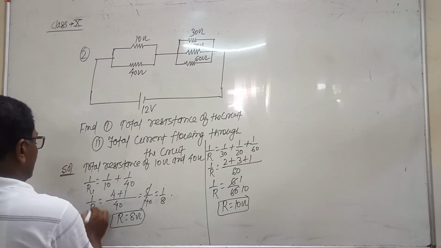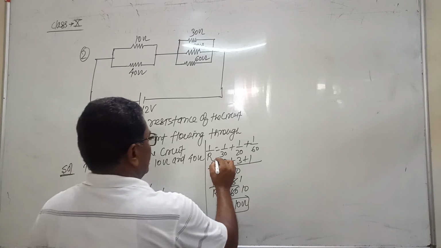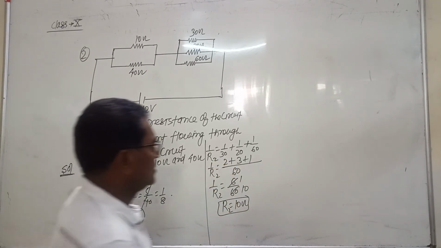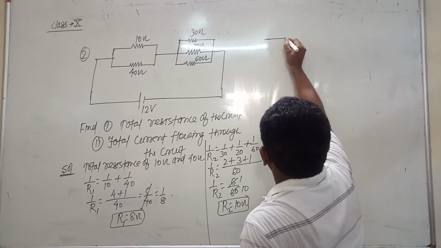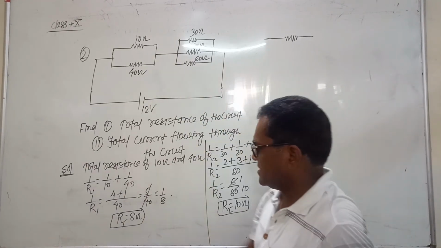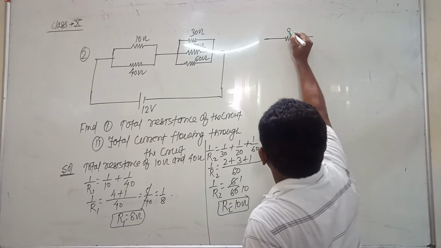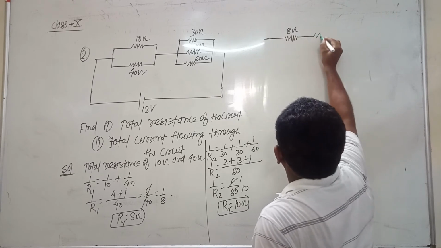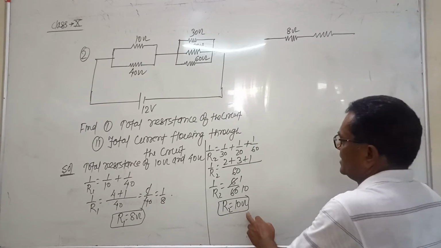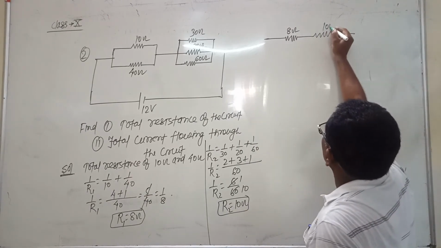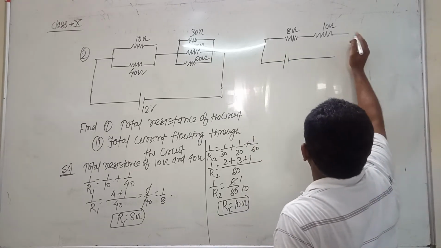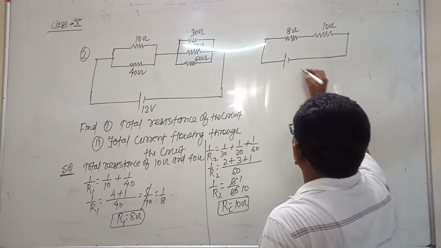Name it R1 and name it R2. So the value of R2 is 10. Redraw the circuit. The combination of these two resistances comes to be 8 ohm, and the combination of these three resistances comes to be 10 ohm, and they are connected through a cell of potential difference 12 volt.